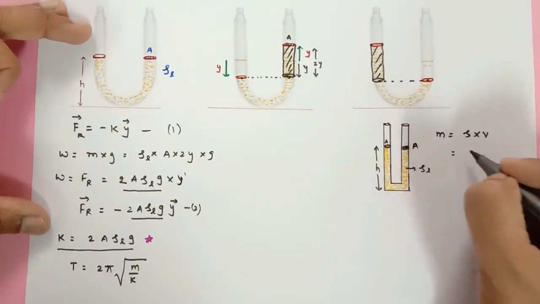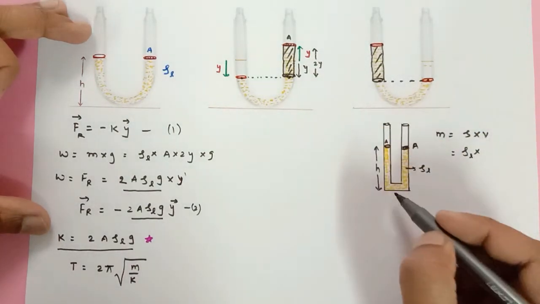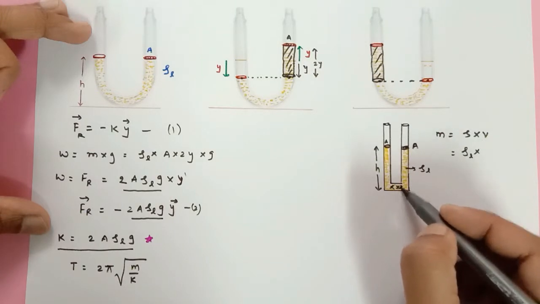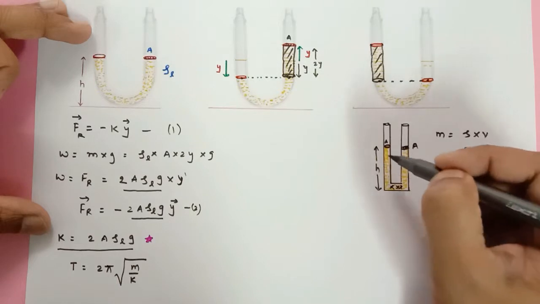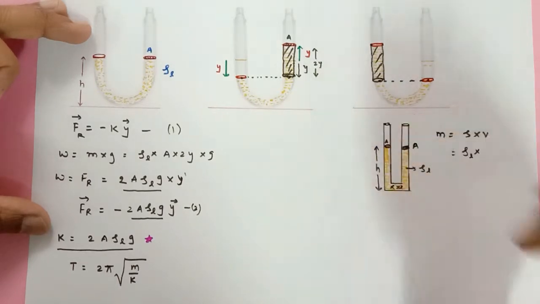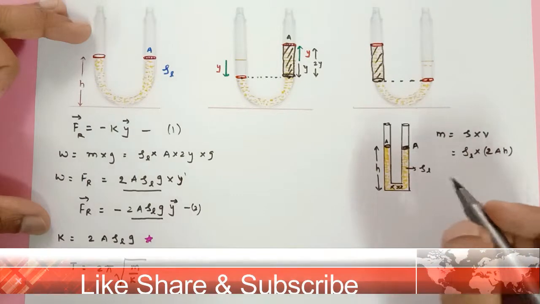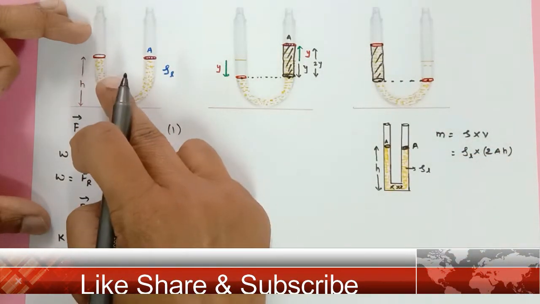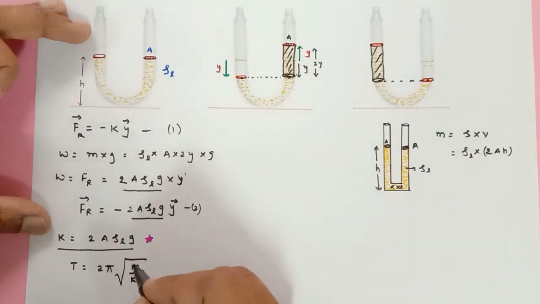So mass of the entire liquid is equal to density of the liquid times volume of the entire liquid. Now since I am considering both the arms very near, I am going to neglect this part. So this becomes two simple cylinders, right? So this is A times H, and the total volume would be 2AH. So this is the volume, this is the density. So the total mass of the liquid is rho L 2AH.